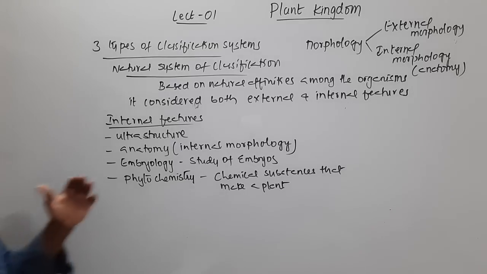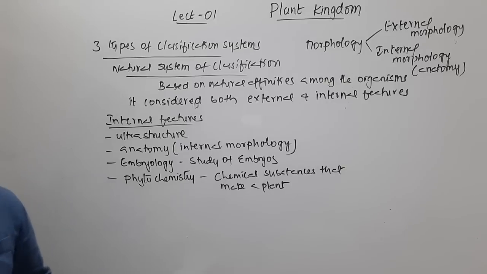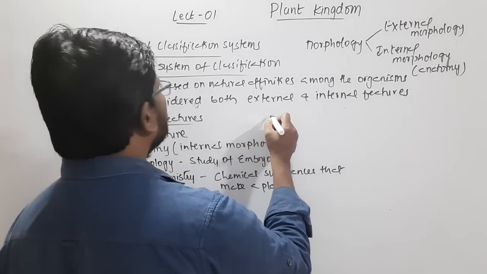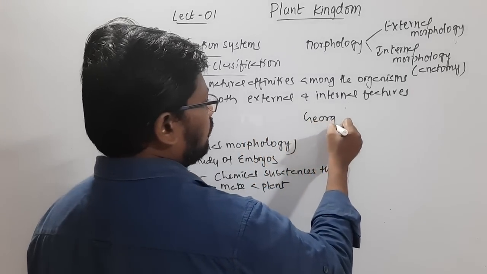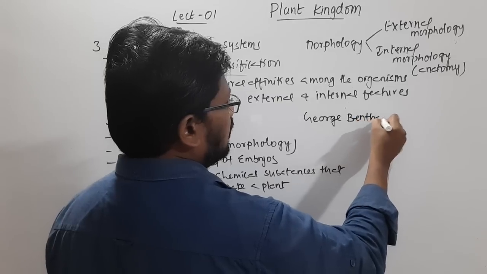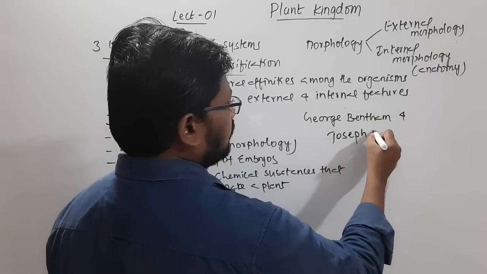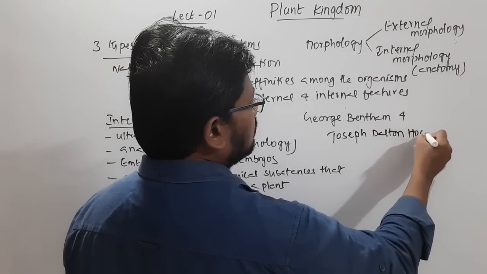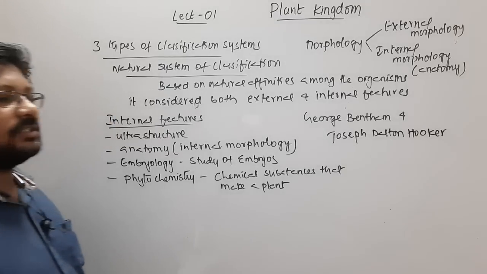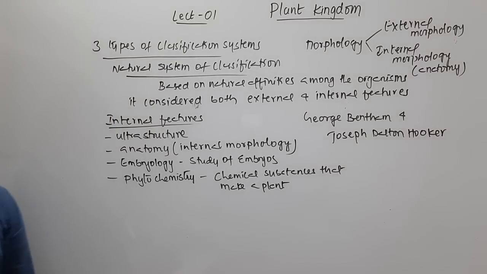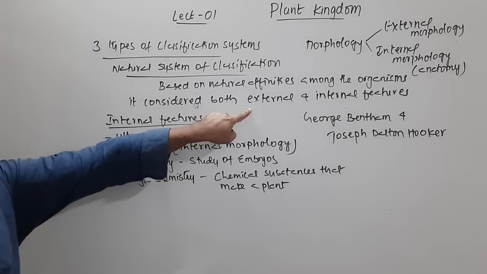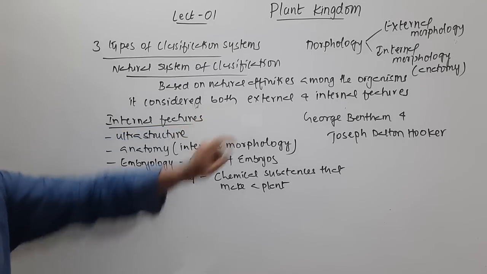And with these external and internal features, scientists like George Bentham and Joseph Dalton Hooker, these two persons, have classified based on external and internal features.